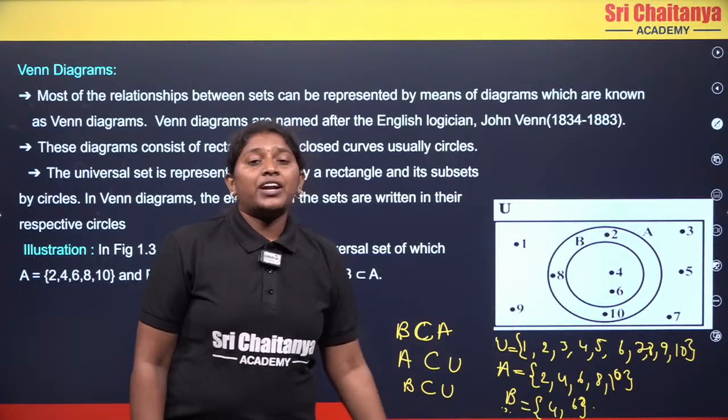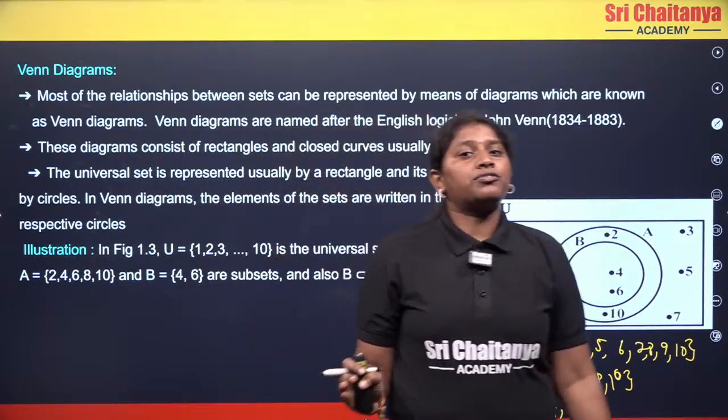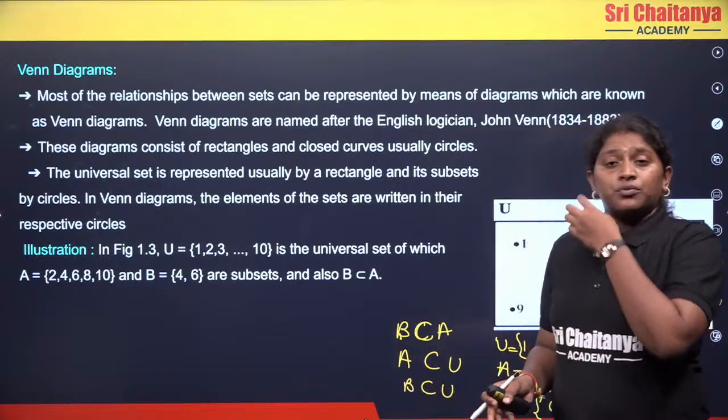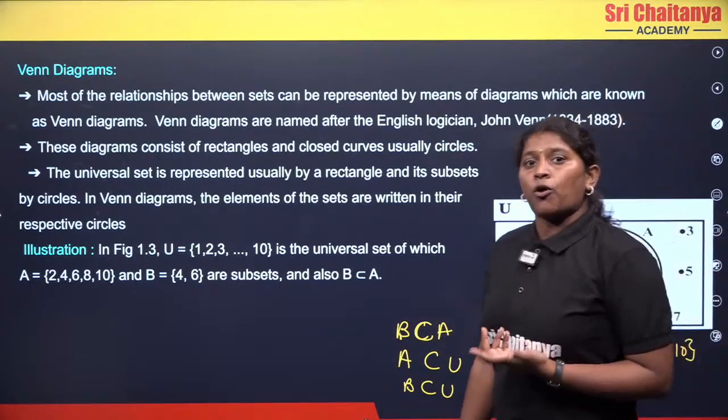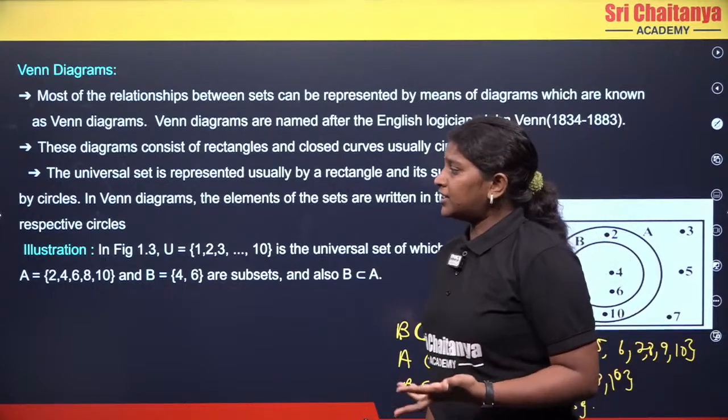And Venn diagrams are mostly useful to find the cardinal number of the sets. In our next class we will discuss operations on sets. At that time we will mostly find the cardinal numbers.